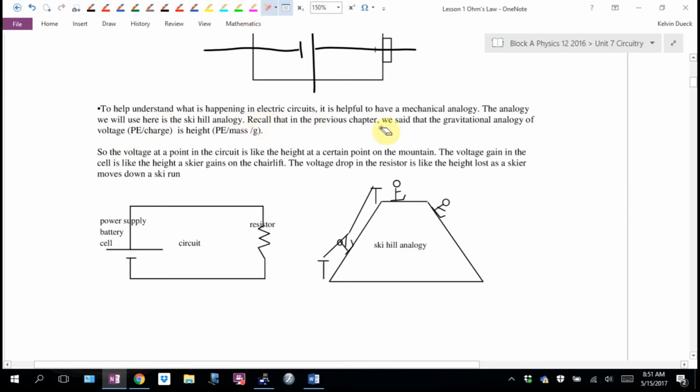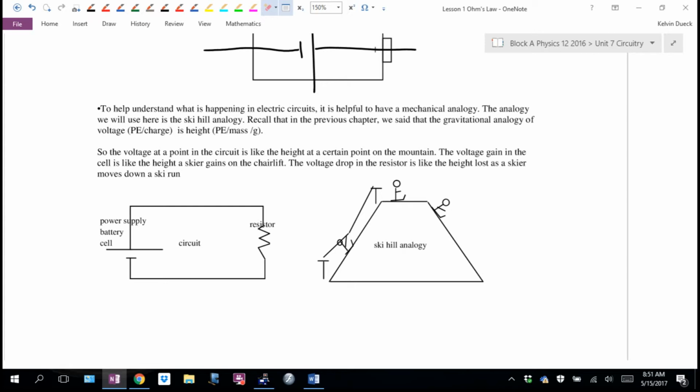Recall in the previous chapter, we said that voltage is sort of like height. Sort of. So the voltage at a point in the circuit is how high you are on the mountain. If you're at the highest voltage, you're at the top of the mountain. What if you're at the bottom of the mountain? What's your height? What's your voltage? You've used it all up.